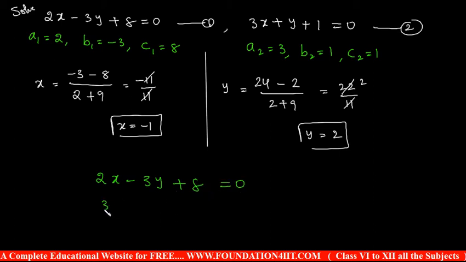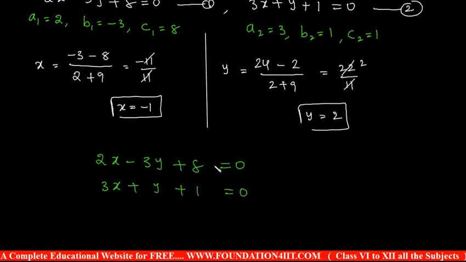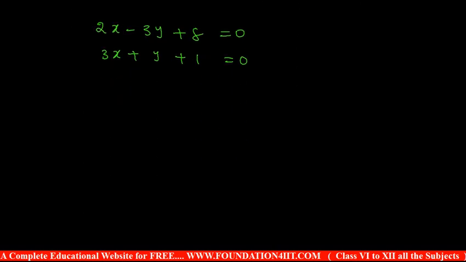Another one is 3x plus y plus 1 is equal to 0. The same formula will come, but it is another trick. First we should write the y coefficients. The y coefficient is minus 3 and here is 1. Minus 3, 1 you write. Next you write the constants, 8, 1. Again the x coefficients, 2 and 3.